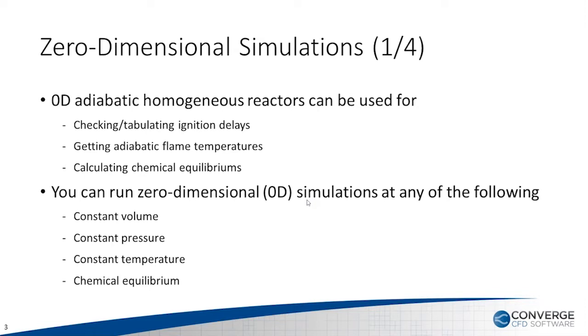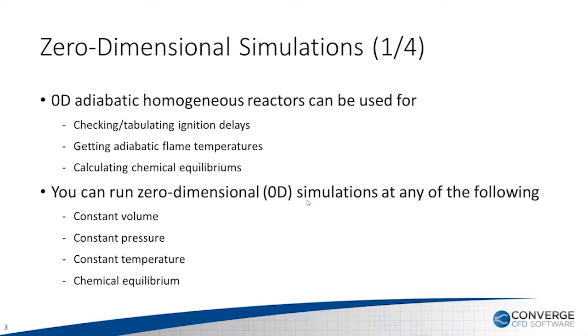The last use is checking the equilibrium status: you know the unburned products and want to know the burned products or the burned temperature. All of these you can do with 0D adiabatic homogeneous reactors without running a real 3D simulation or spending a lot of time on the calculation.